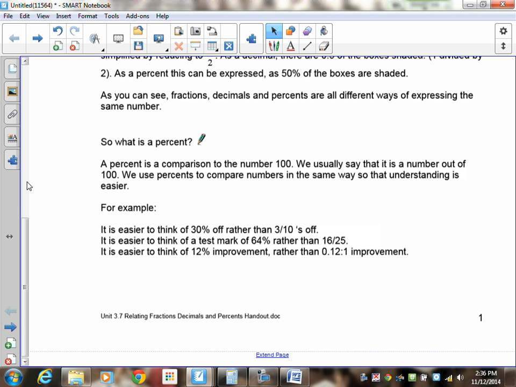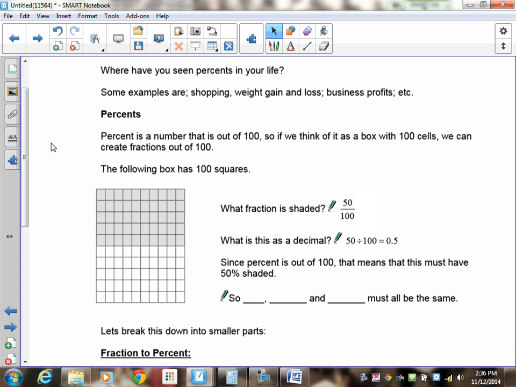It's much easier to think of a test mark being 64% rather than 16 out of 25. And of course, it's a lot easier to think of a 12% improvement rather than 0.12 to 1 improvement. So percents give us another tool to help us do comparisons, and because everything's always compared to 100, we get comfortable doing it, so you don't have to learn something new.